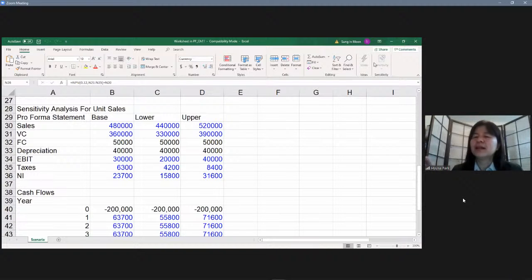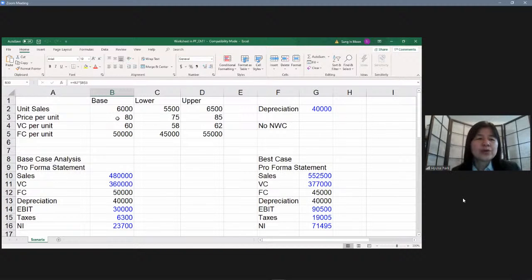But what if how many units will be sold is the key variable for this new project? How can we do a sensitivity analysis? That's what's given there. In this sensitivity analysis, we fix all the remaining 3 variables at the base case number. So price per unit, variable cost per unit and fixed cost are all fixed at the base case level.